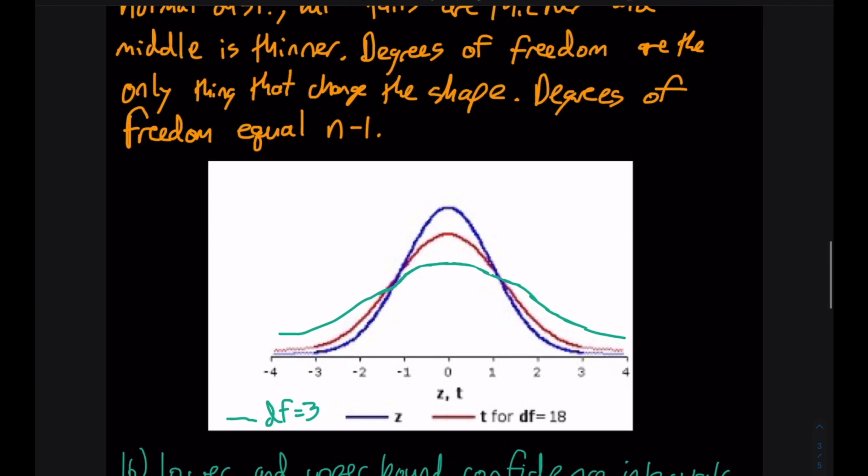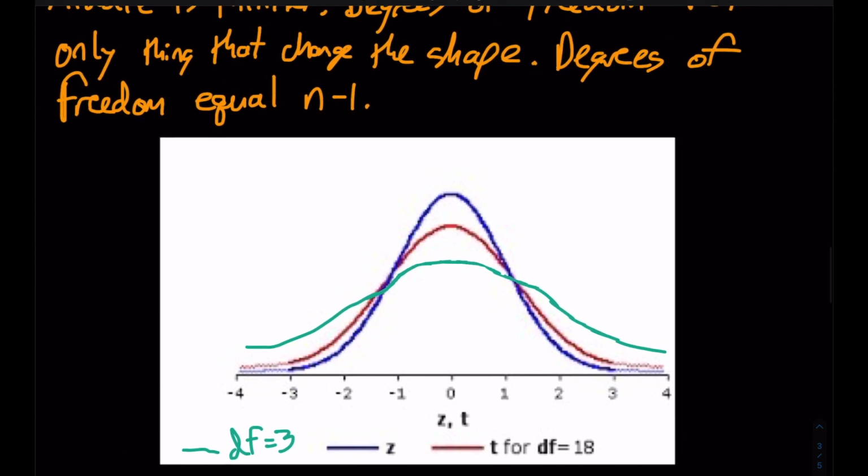So if you can see, this is our graph. This is a graph to compare the t-distribution at different degrees of freedom. Our green graph there would be the t-distribution for degrees of freedom of 3. And if you can see, there's a lot of area under these tails, so the tails are thicker.